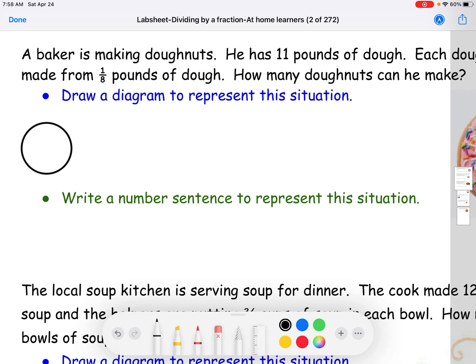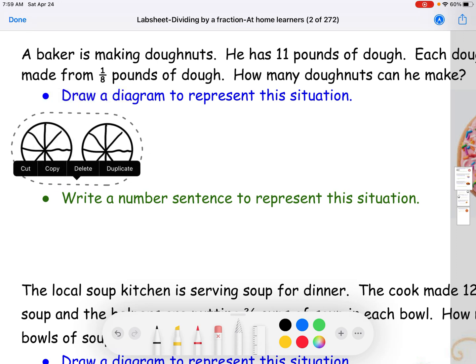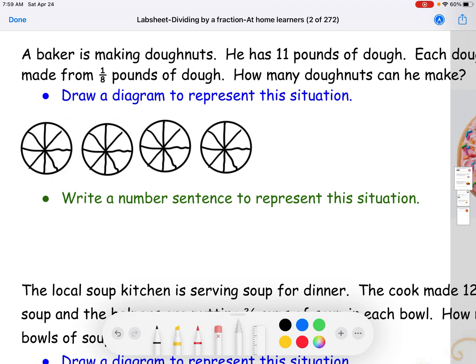And what I'm going to do is I'm going to do one of them and repeat it. And we need 1/8 of a pound of dough. So if that's 1 pound, I need to divide that into 8 pieces. And once I divide that into 8 pieces, right, it allows me just to duplicate this.